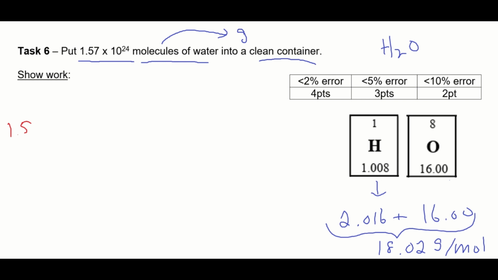All right, 1.57 times 10 to the 24 molecules of water is what I'm asked to measure out. So we're going to turn that into moles.